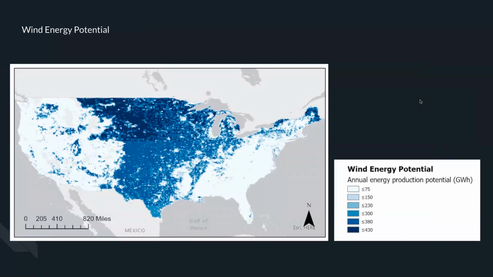The areas of greatest potential are displayed in this raster map. Specific potential is due to the geography of the central United States. This geography lacks trees and hilly terrain that many other parts of the US have, which provide friction for wind currents, which are caused by air pressure differences.